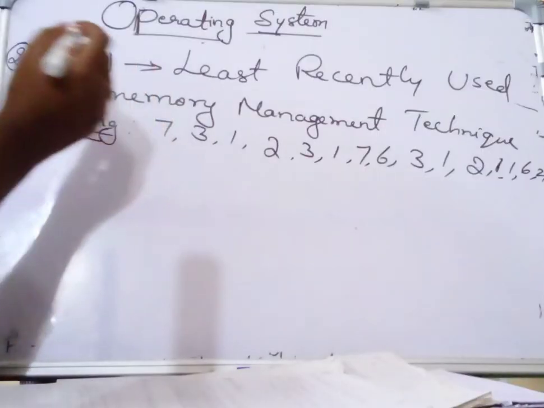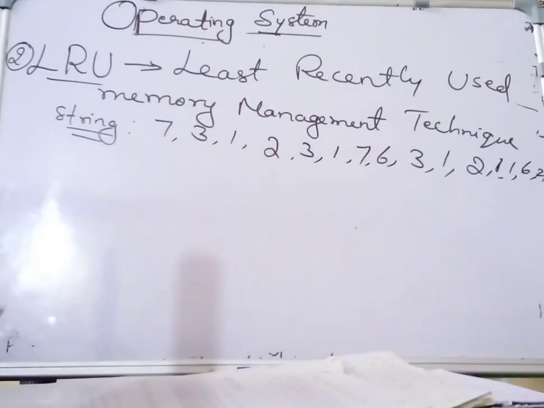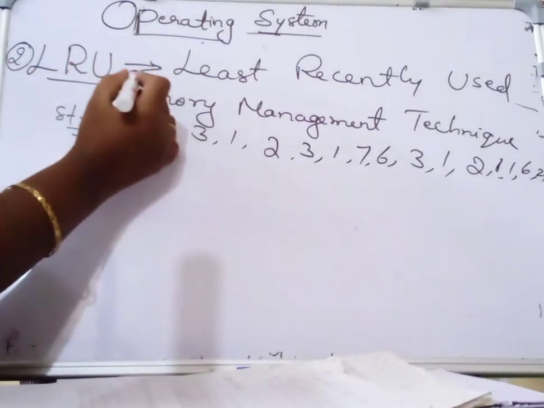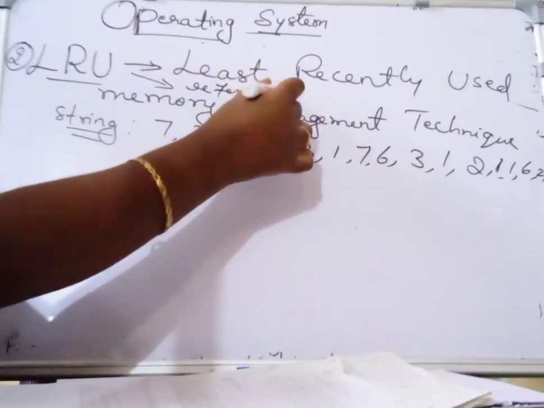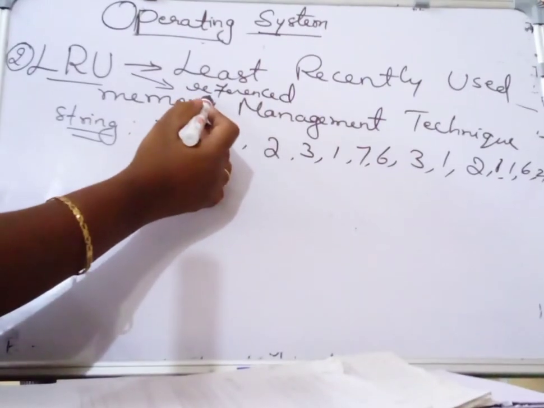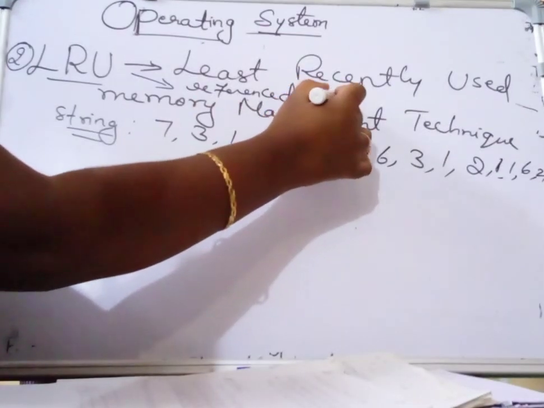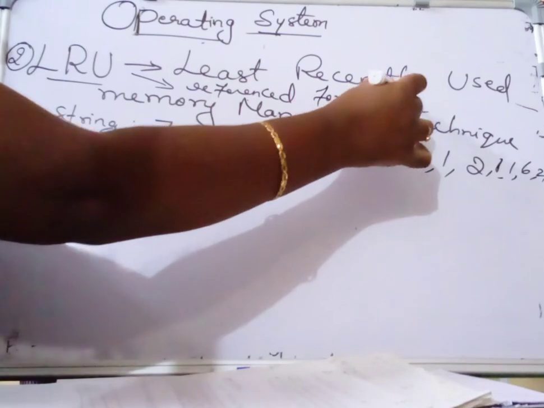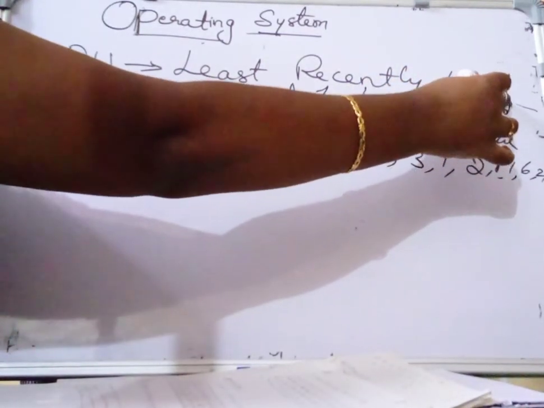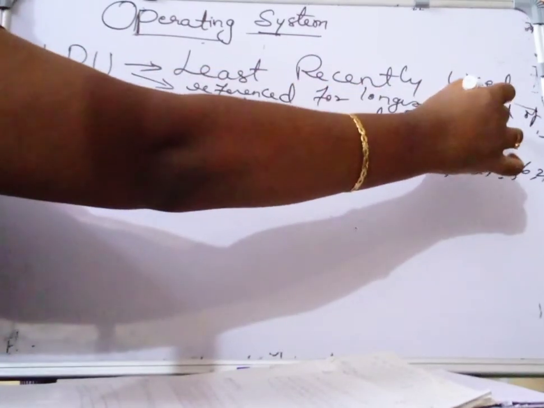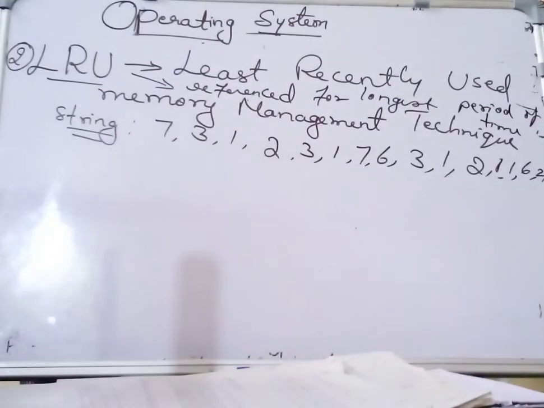Now understand this: in FIFO, the page replaced is the one that came in first, but in LRU, we replace the page which has not been referenced for the longest period of time. This is the major difference between FIFO and LRU.